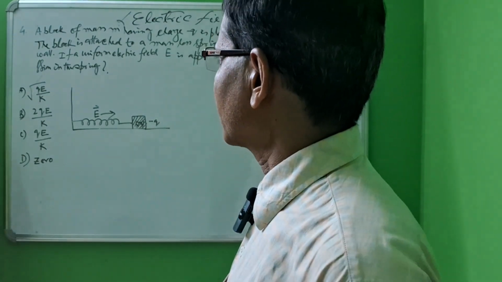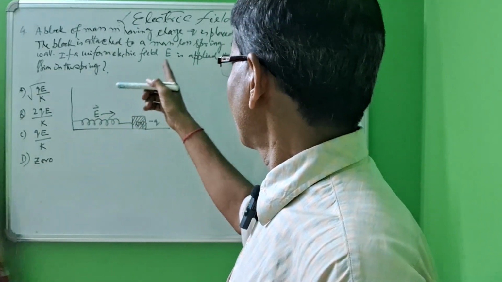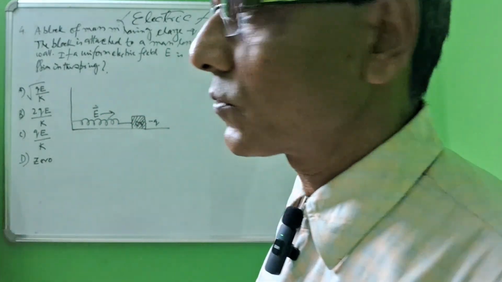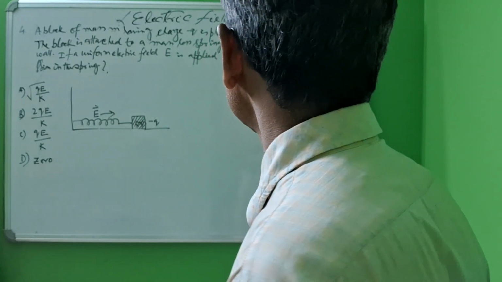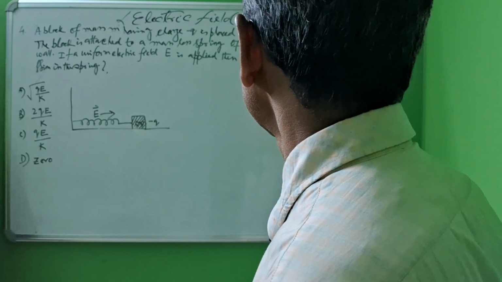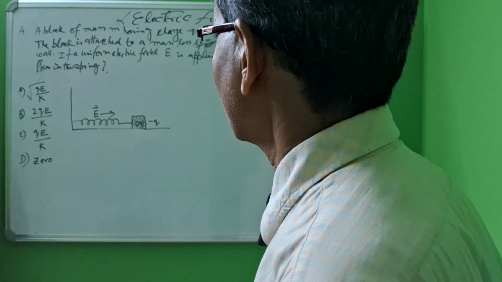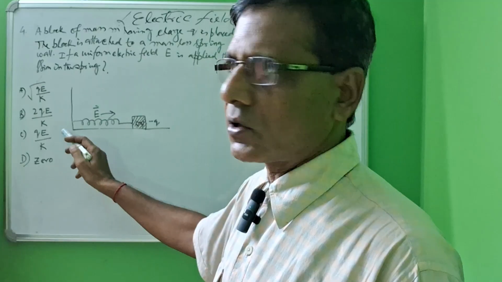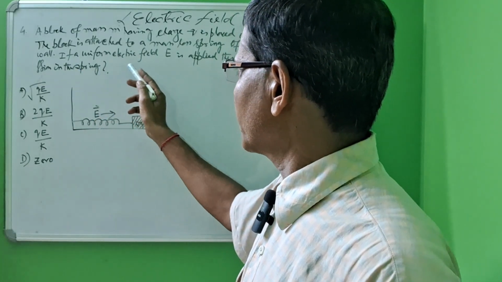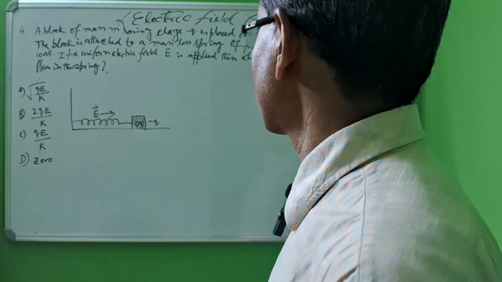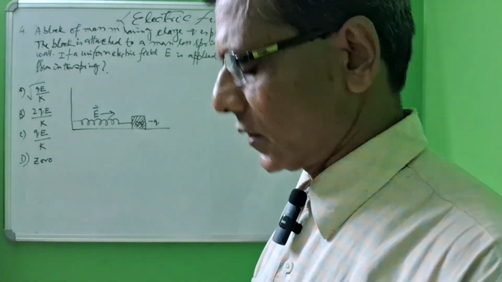The block is attached to a massless spring of force constant K, fixed on a wall. If a uniform electric field is applied, what will be the amount of compression in the spring?